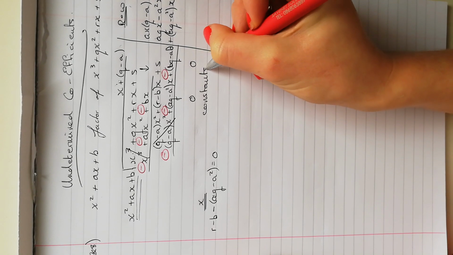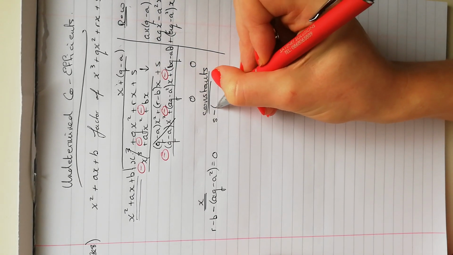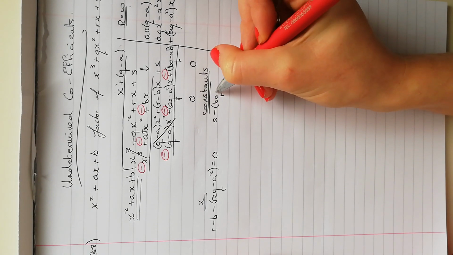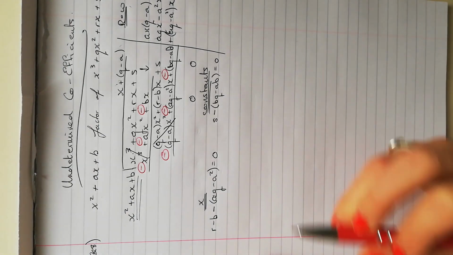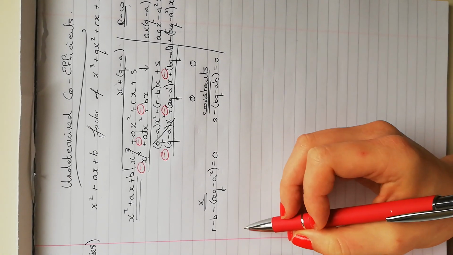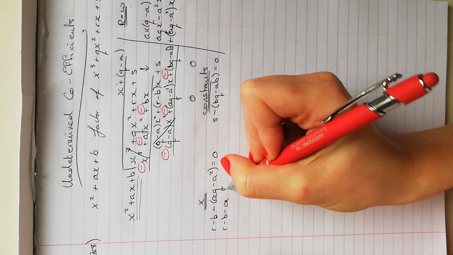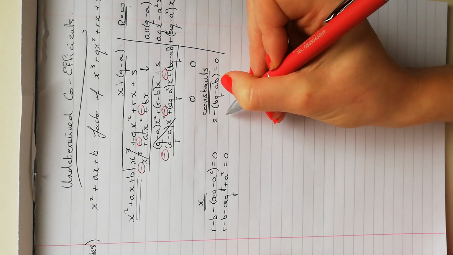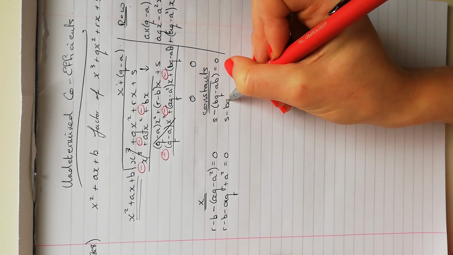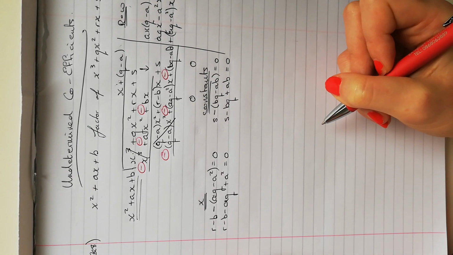And then the constants part of this: s minus, again bracket, (bq minus ab), and they're also equal to 0. All I'm going to do at this point is get rid of these brackets and tidy it up. So r minus b minus aq plus a squared equals 0. s minus bq plus ab equals 0.